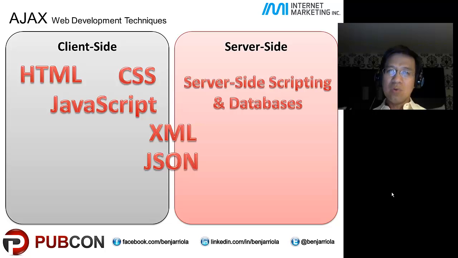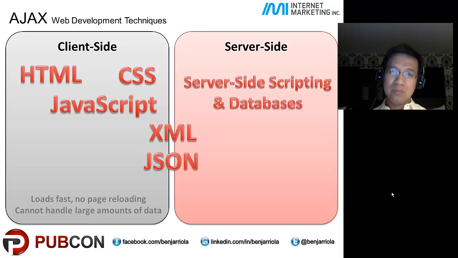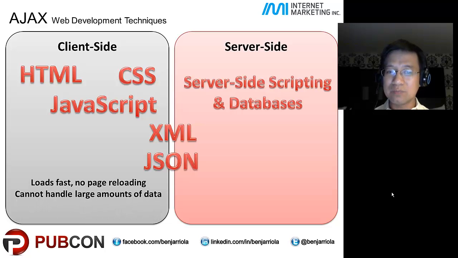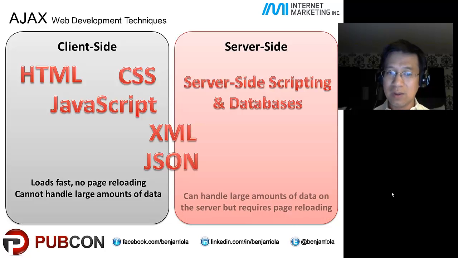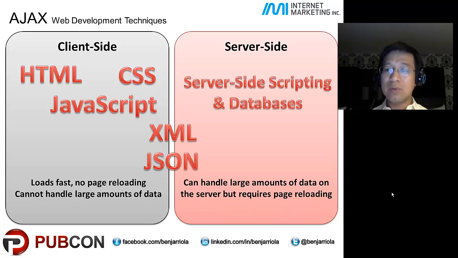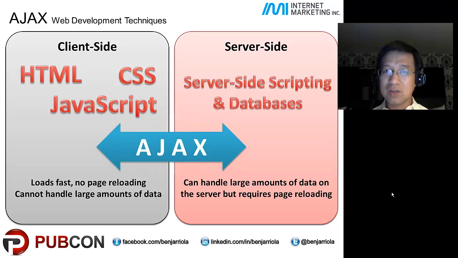Now, to combine the power of these two, that is where Ajax came in. You have the fast loading of client side, but you have the large processing of data on server side. And Ajax could connect the two. Asynchronous JavaScript and XML. In fact, the XML there is even optional. You could just run Ajax without XML.